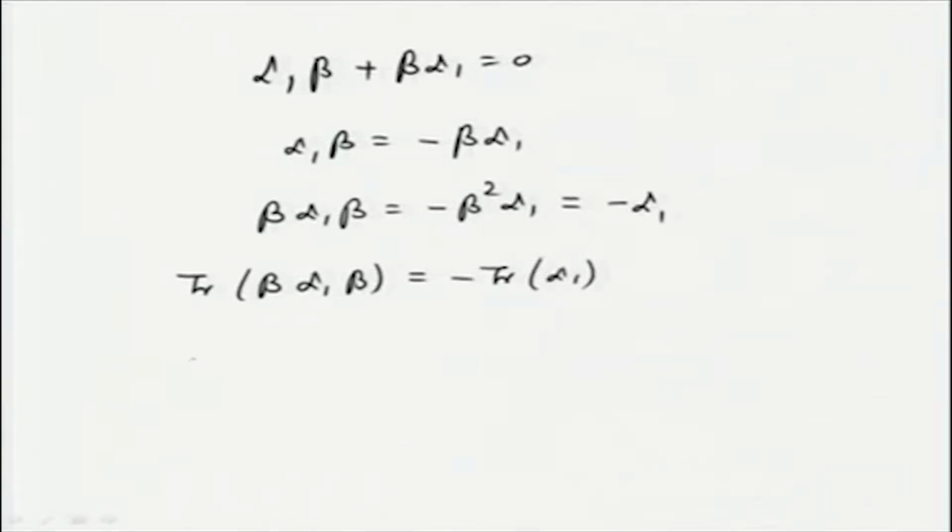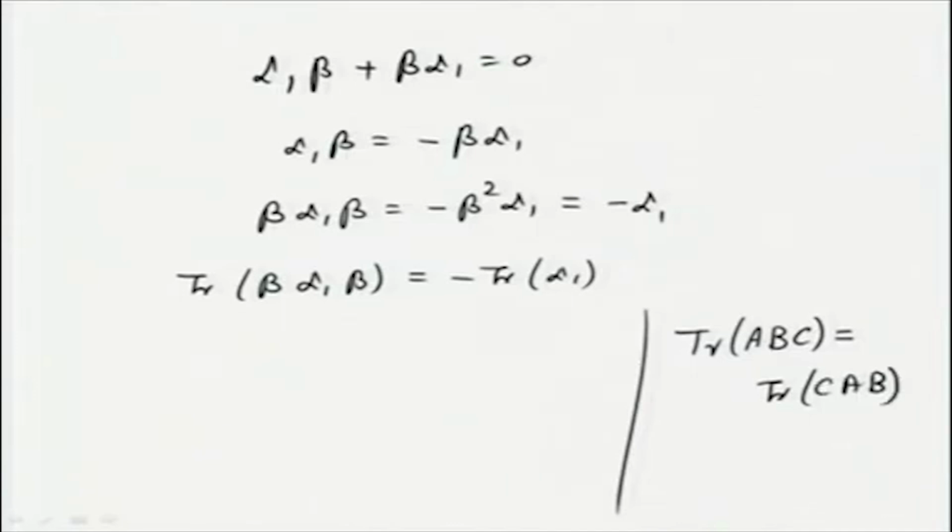But now, we have a property of the matrices: the trace of a chain of products of matrices A, B, C is unchanged if you cyclically rotate it to C, A, B. That is an exercise which you can prove later on.